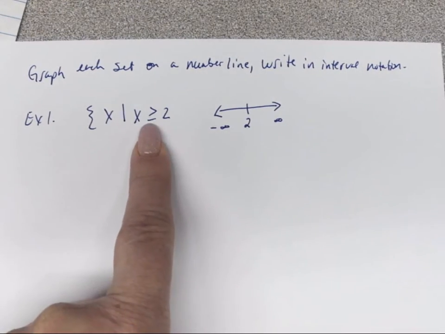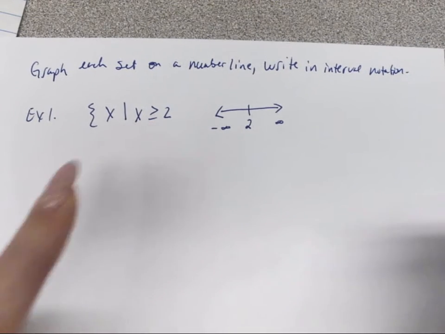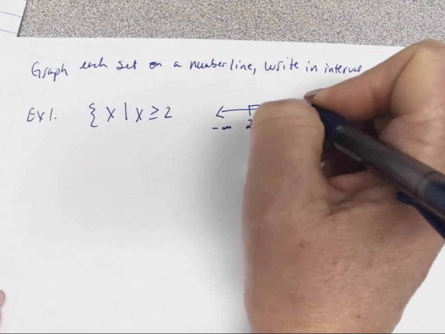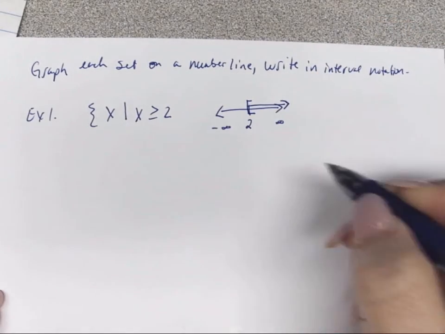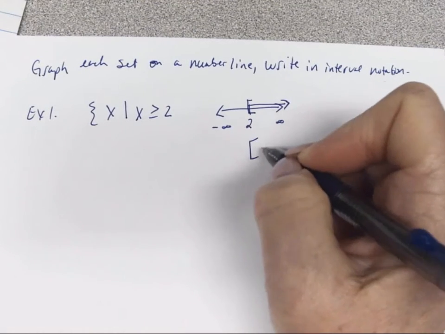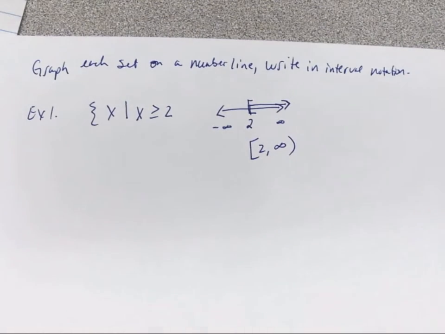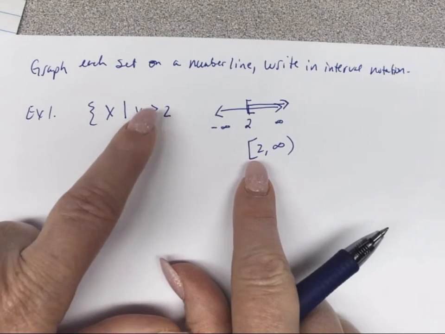So x is greater than or equal to 2. So greater than, we're going to go to the right. And then because it's also got the equal, we're going to put a bracket. And then from here, we can copy straight down. So we end up with [2, infinity) with a parenthesis there. This side gets the bracket because of the equal part.